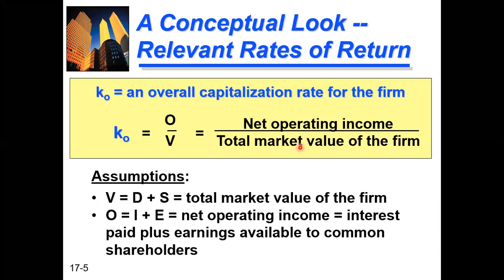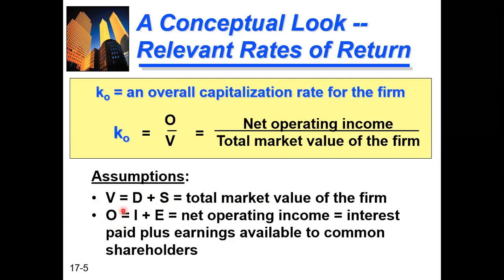We know that the total market value of the firm equals equity shares plus debt. Here V means the total market value of the firm, equal to debt capital plus share capital.